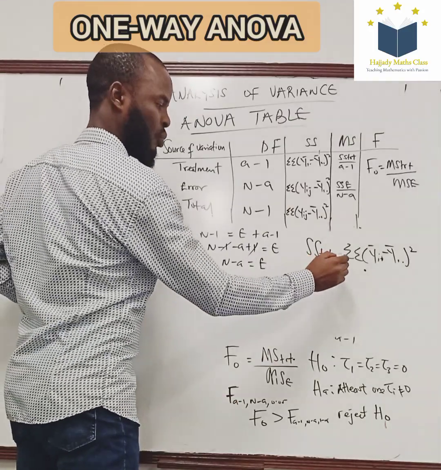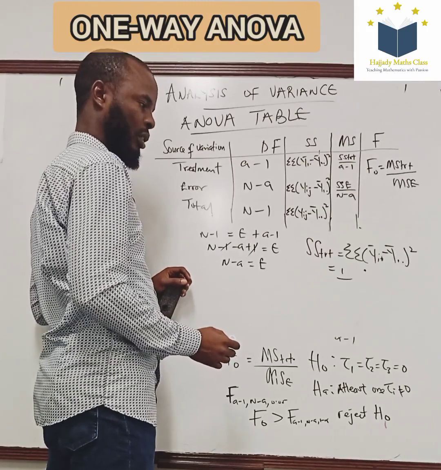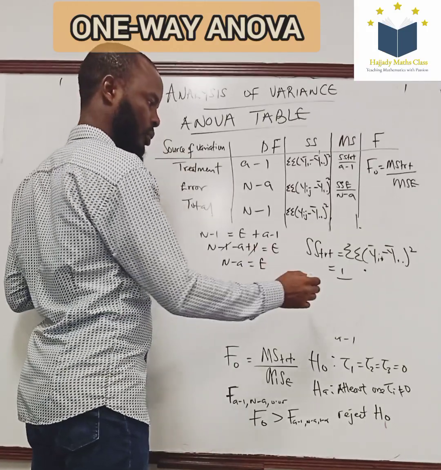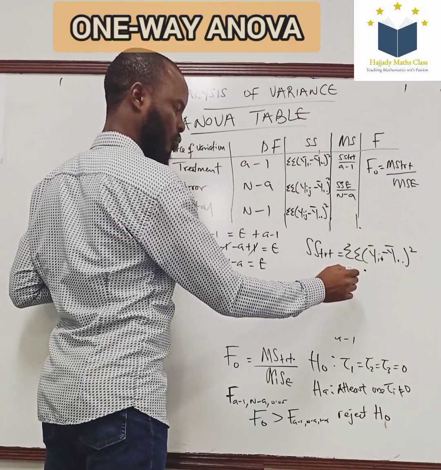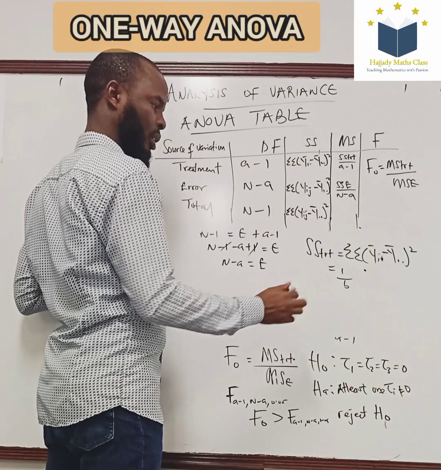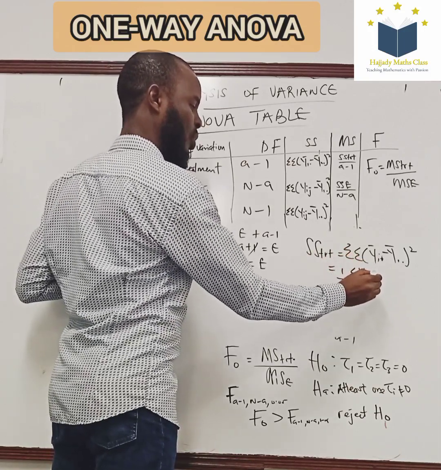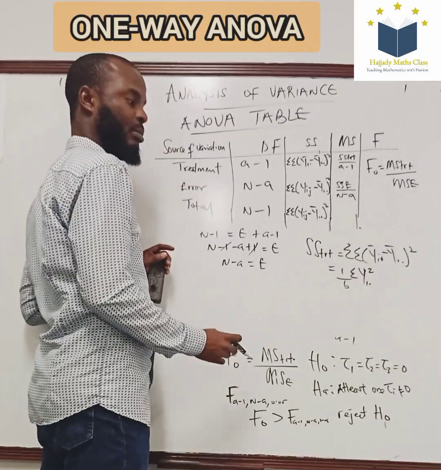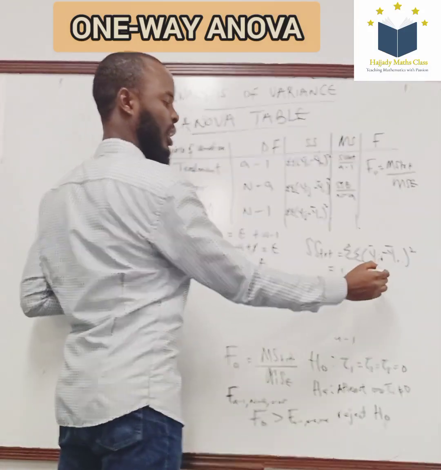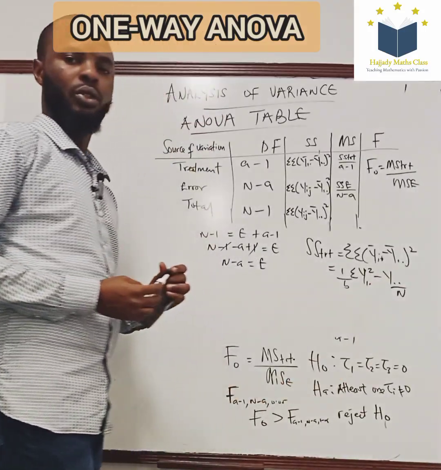You can also write it as 1 over b, which is the number of columns, summation of yi dot squared. This time we are not taking the mean, just the total. Minus y dot dot over N.